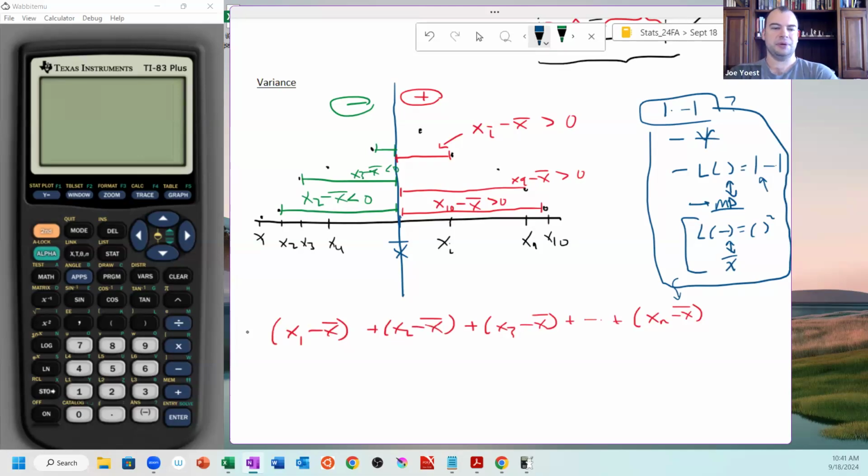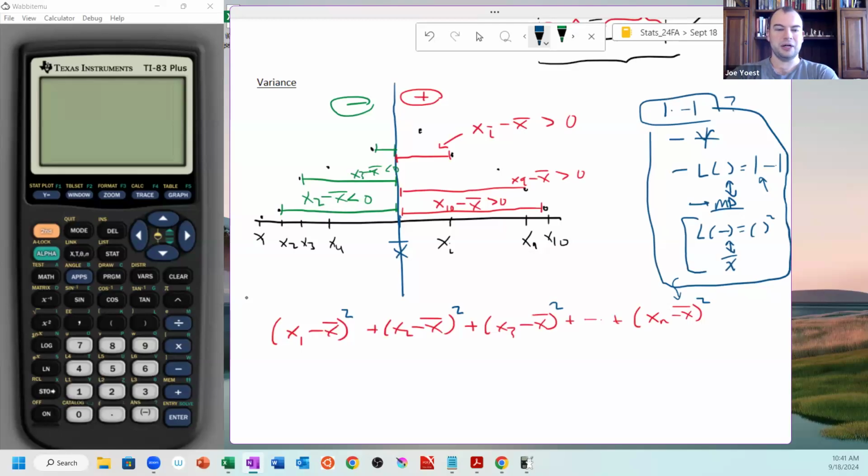So back to our inherent problem: some of these parentheses are negative, some are positive. We add them together, they cancel out. Our problem is that we need to make them all positive or non-negative. I can also do that by squaring.